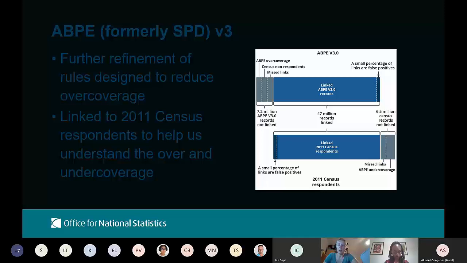Alongside that, we also know that we've still got some overcoverage in the ABPE. There were a number of people that we had linked to the 2011 census, but in the 2011 census they were short-term migrants or visitors. So our admin data is suggesting that we think they're here long-term in the UK, but the census indicated that they were here short-term.